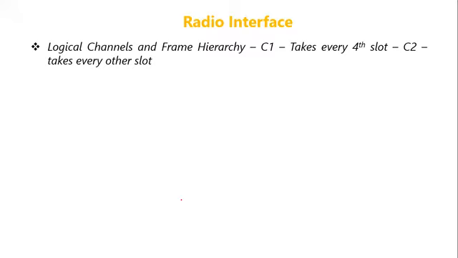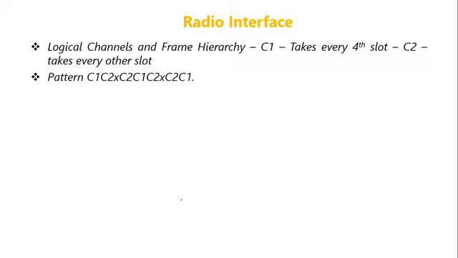Let us think of a logical channel C1 that takes up every fourth slot, and also another logical channel C2 that uses every other slot. There are two logical channels, C1 and C2. C1 will take every fourth slot and C2 will take every other slot.